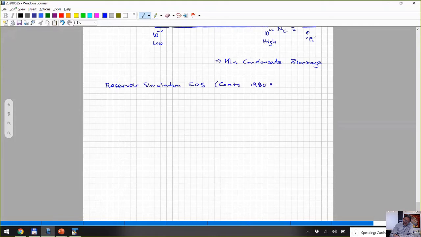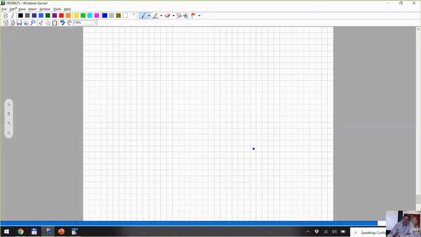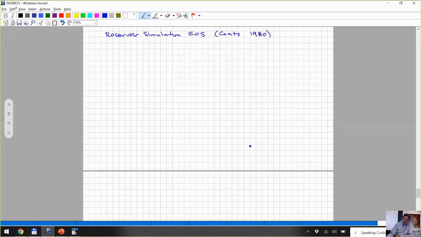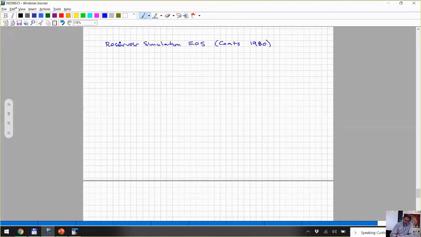It was probably earlier than that. Presented. He introduced a means by which you could change from KRI to KRM using a property, interfacial tension.